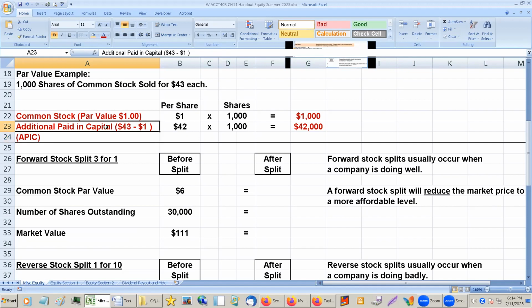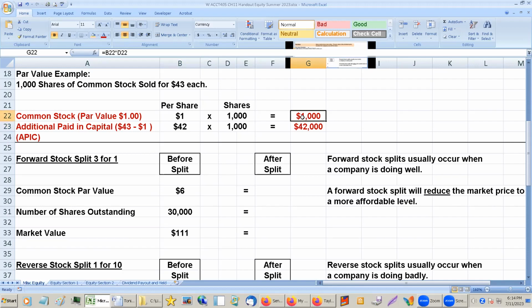Additional paid-in capital in excess of par value. So the $42 is in excess, right? 43. The par value is 1, so 42 is in excess of the par value. So this would be our additional paid-in capital, or sometimes called APIC.